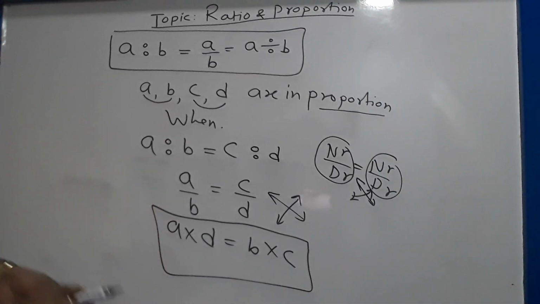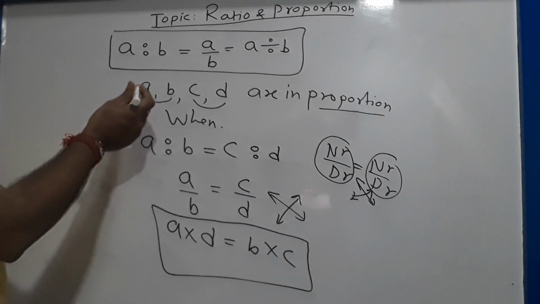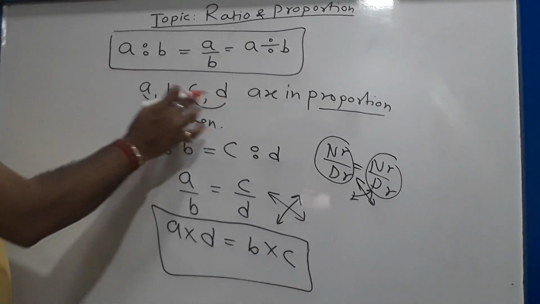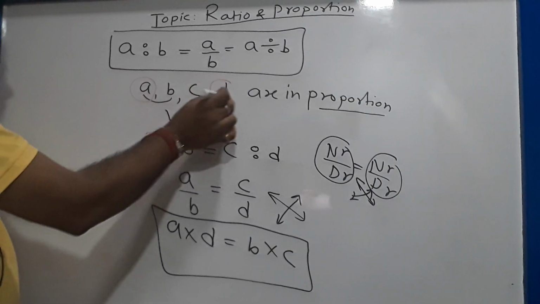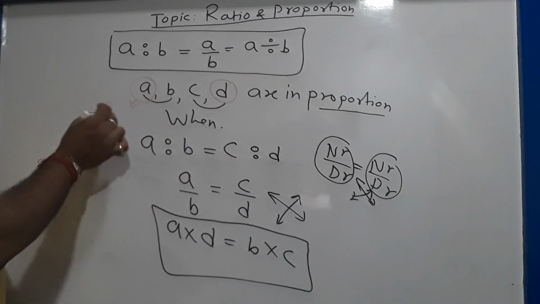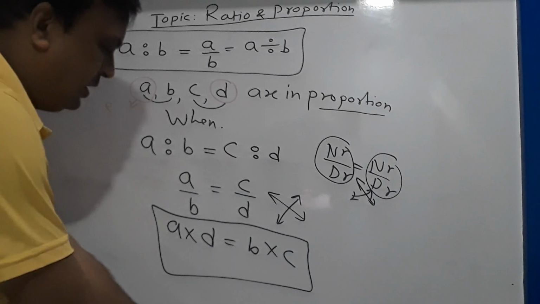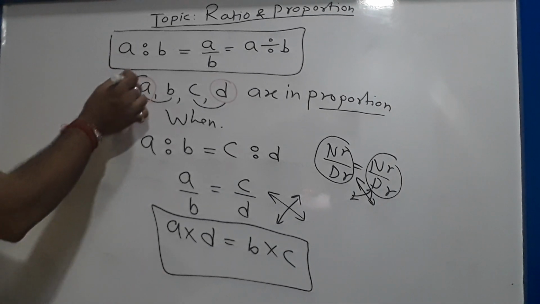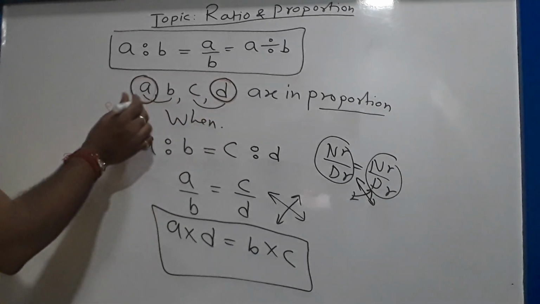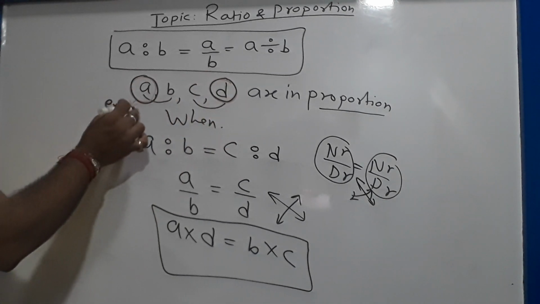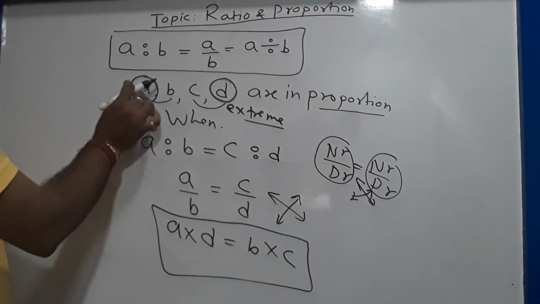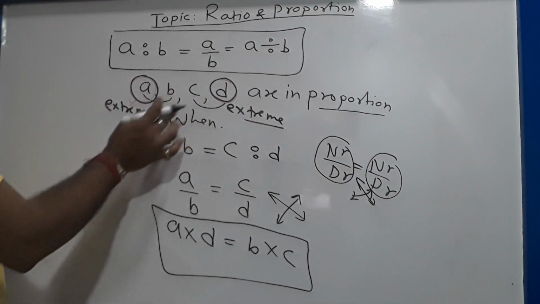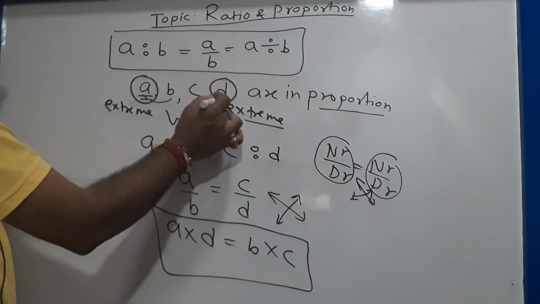Now in these four numbers A, B, C, D, what is the position of A and D? A and D are at the extreme side.